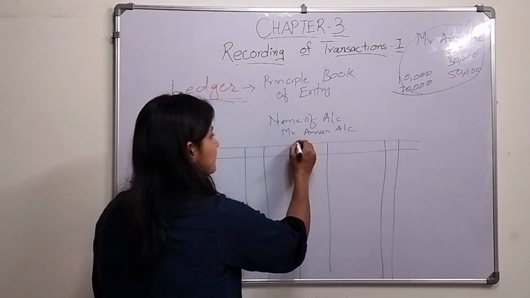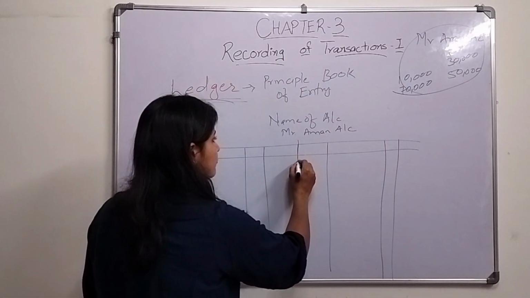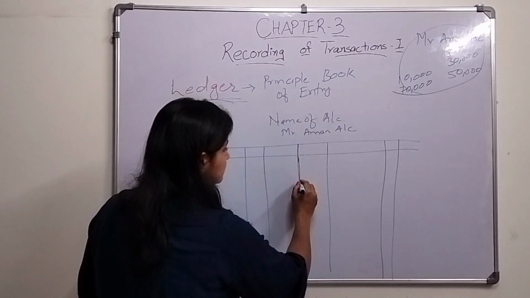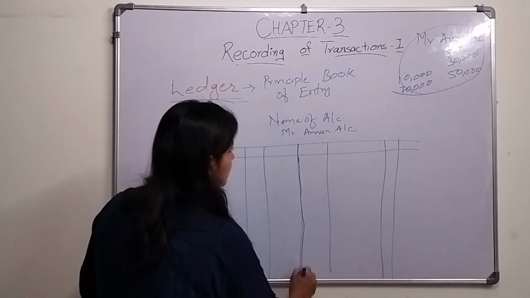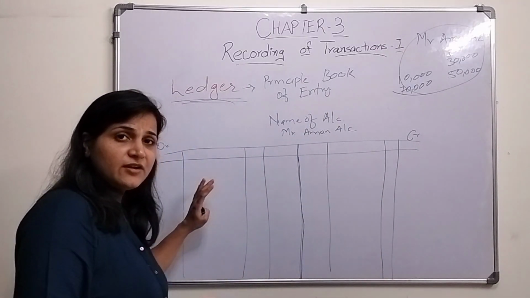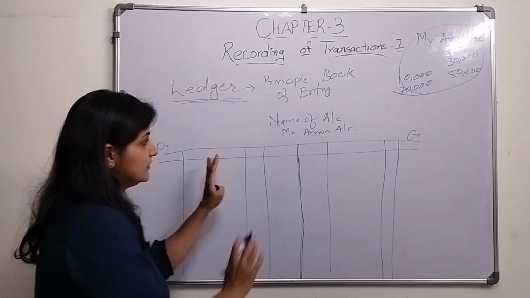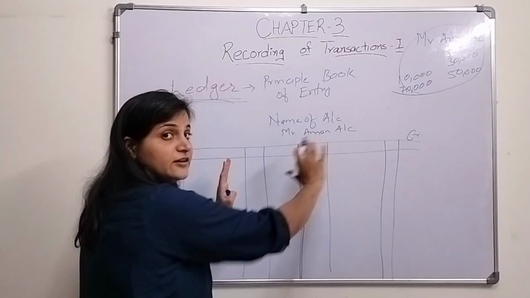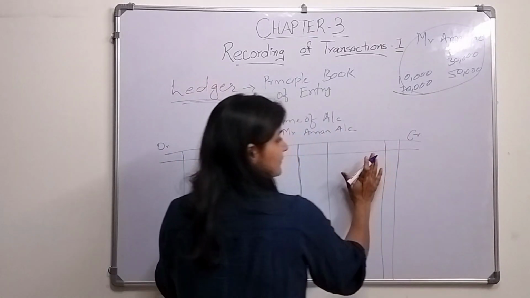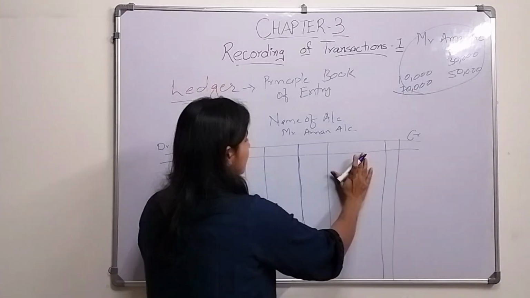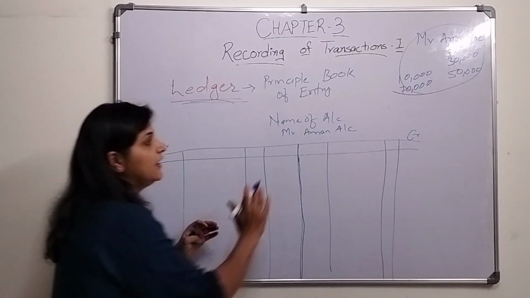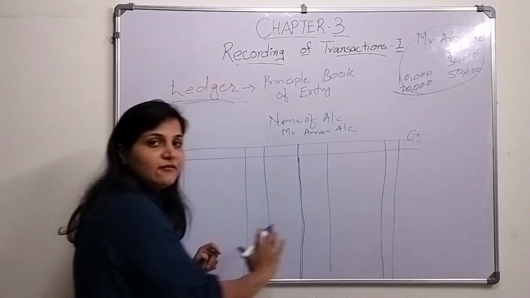Okay, I'm just making a line so that you know this is the separation line. Whichever account is debited, this side, it is called a T format. This is considered the left side and this is considered the right side. So whichever account is debited, we will post it on the left side and credit it on the right side.